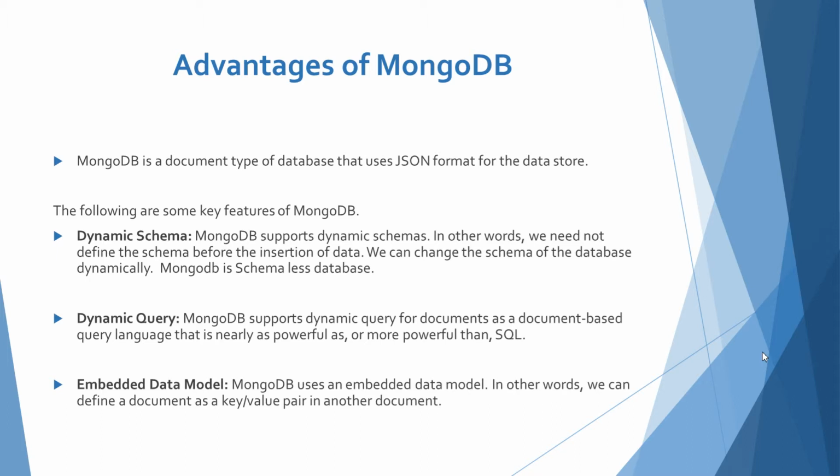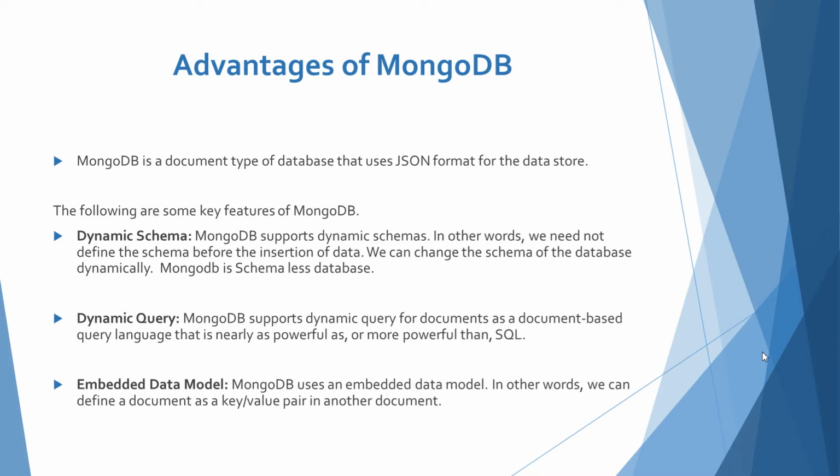But in RDBMS, before inserting any data, we are creating the table with some structure, with some limited fields. Then only it is possible to insert the data. That means RDBMS supports a structured format.